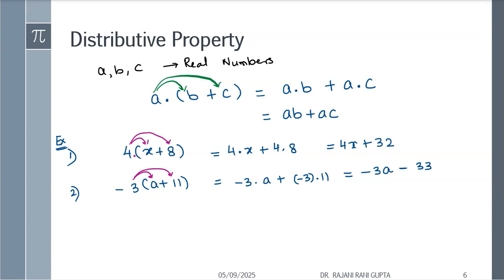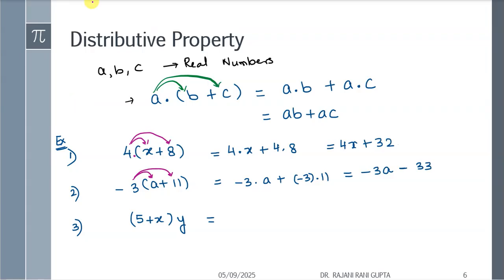So sometimes, instead of writing the property in this way, they may give you the expression differently. I'll explain it with the help of an example. They may give you the question as, say, 5 plus x times y. So what happened here? They changed the position.